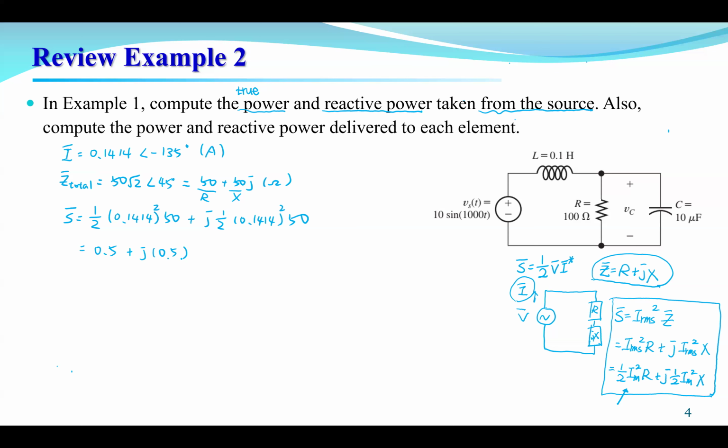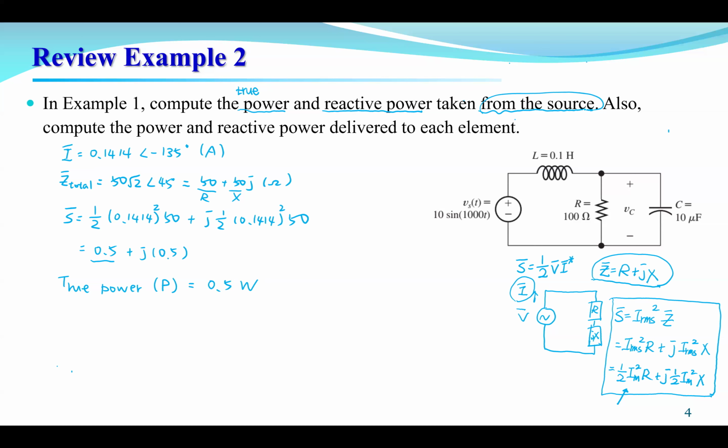Okay, so the real part is true power. So we have the symbol P equals 0.5. The unit is watts, as seen from the source. We just use the total impedance here.